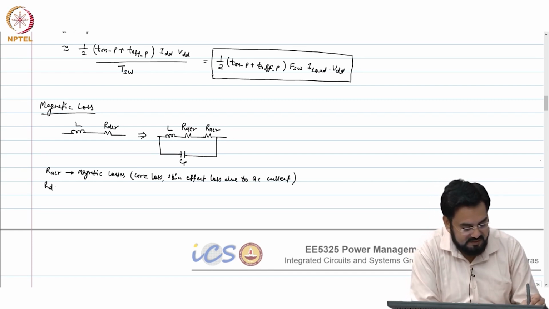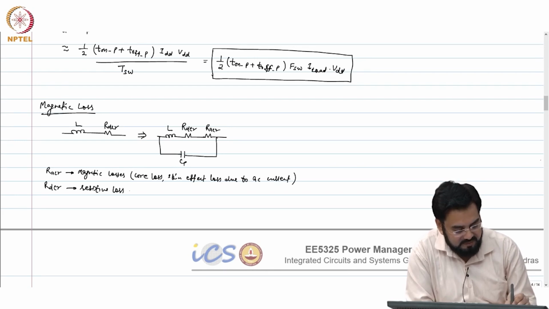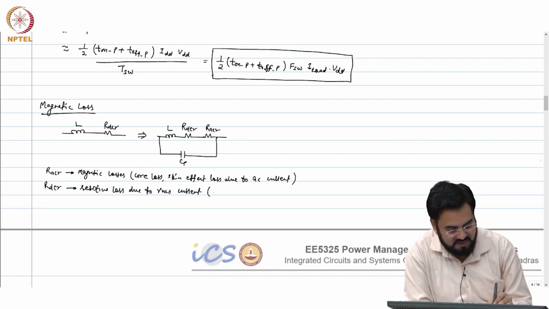And RDCR, which loss is that? Resistive loss, due to RMS current, which is mainly due to winding.